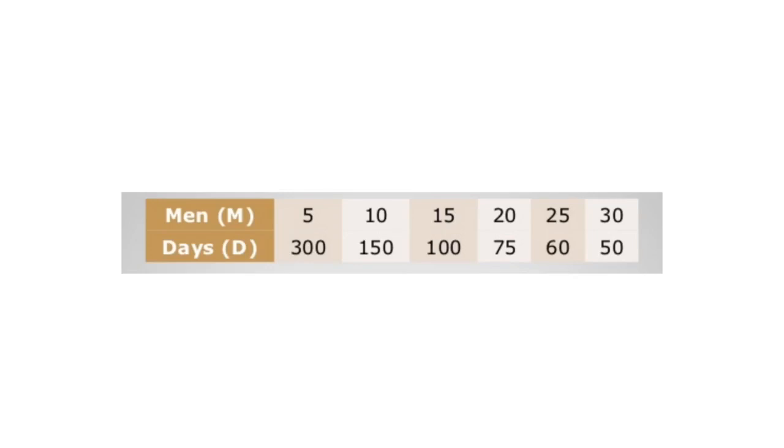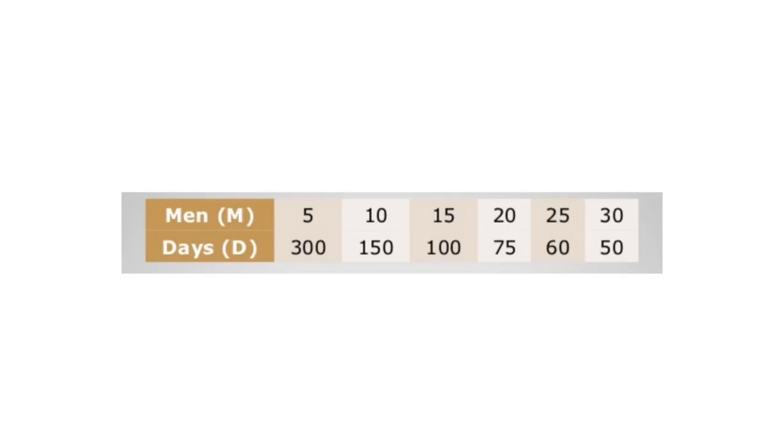Let us suppose that 5 men take 300 days to complete a work. Also, when the number of men is increased to 10, they take 150 days to complete the same work.